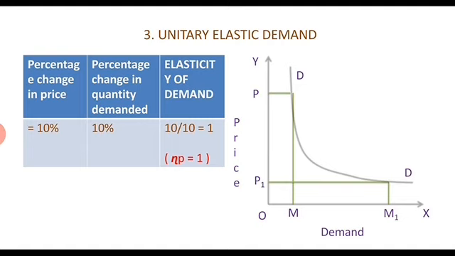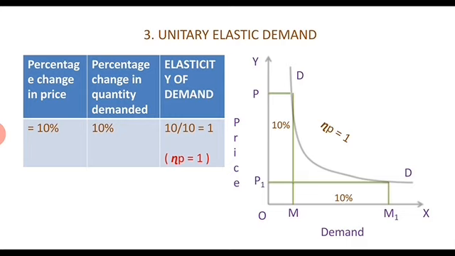Here, the change in price PP1 is equal to the change in demand MM1, or the change in price is 10%, as well as the change in demand is also 10%.